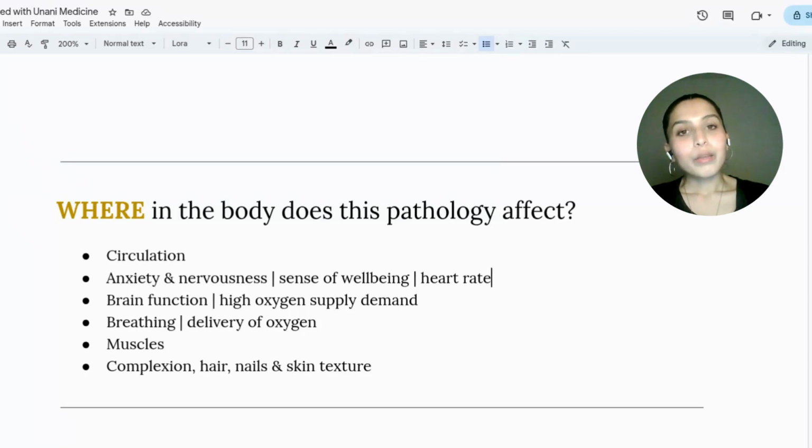And then secondly, the brain is also affected greatly, and that's because the brain is an organ in the body that depends on a high oxygen supply.